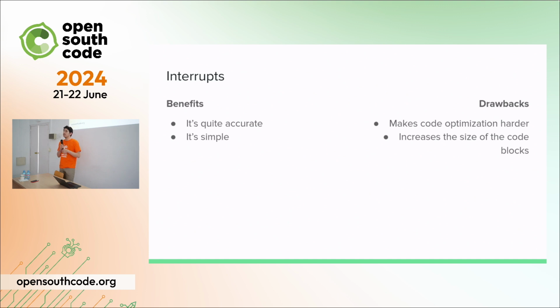And it also increases the size of our code, essentially doubling it, because now every time we translate an instruction, we have to add a bit of extra code that updates the counter and all of that. But it's the easiest and simplest method that I could come up with at the time.